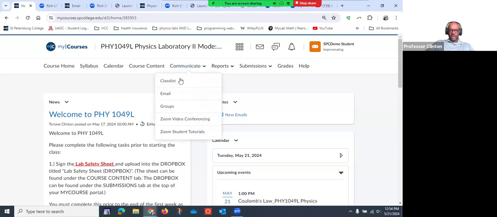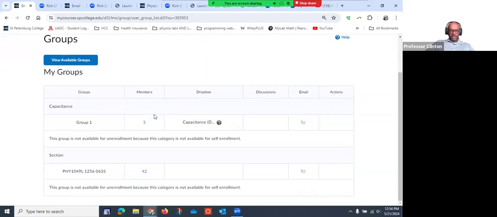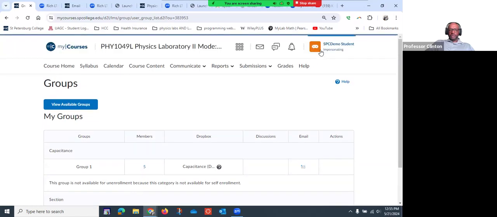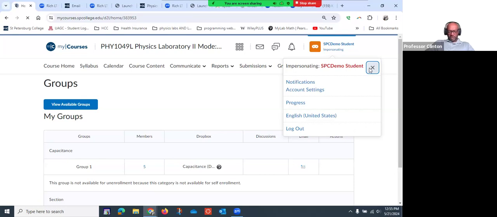If you go to communicate and I go to groups, I can see now that I am in this group and the group is for the subject of capacitance. And if I wanted to, I can email those group members. So I am in a group. I am in this section. I can see the 42 group members in the class, and I should be good to go. All right. So I think you guys should be good to go.